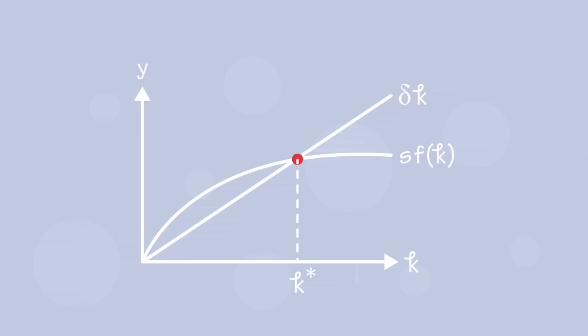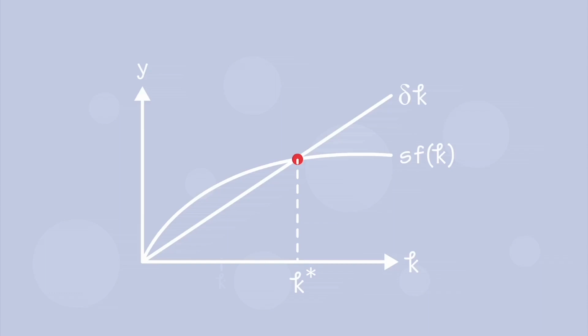Now, suppose you end up on the other side of the steady state point, over here. You'd find that depreciation is greater than the investment. That means some of the capital stock needs repair, but there isn't enough investment to do all of the needed repair. So the capital stock gradually shrinks, pushing us back to the steady state.